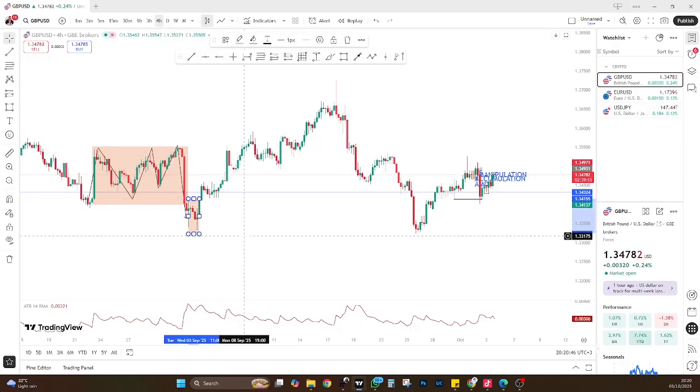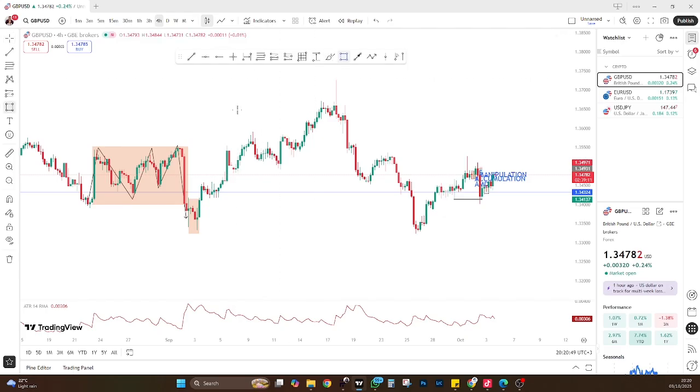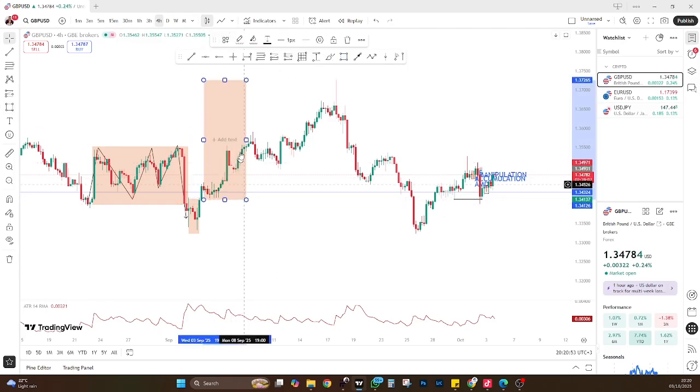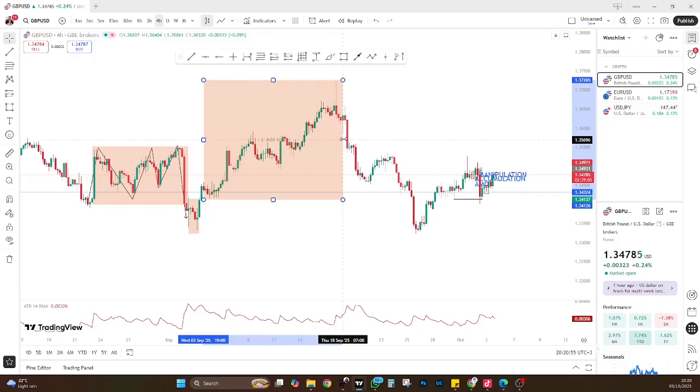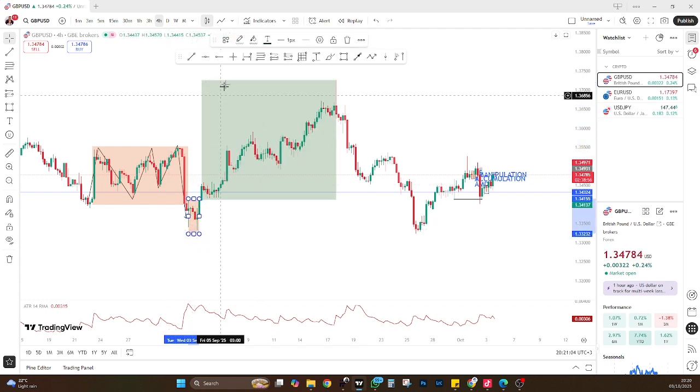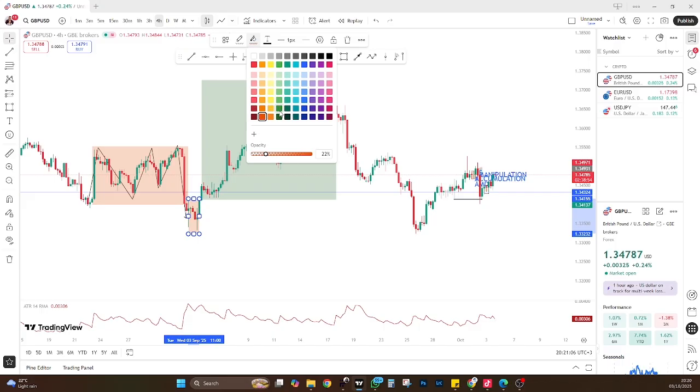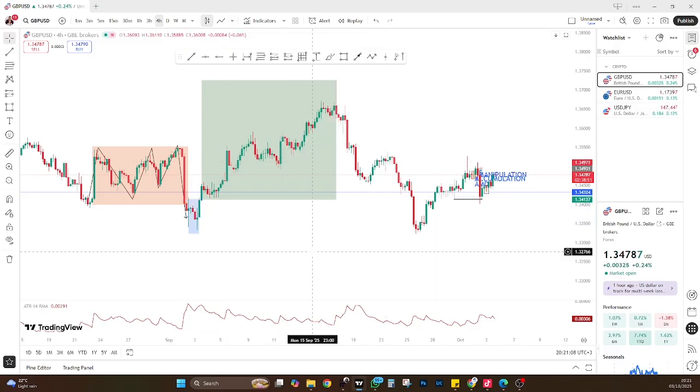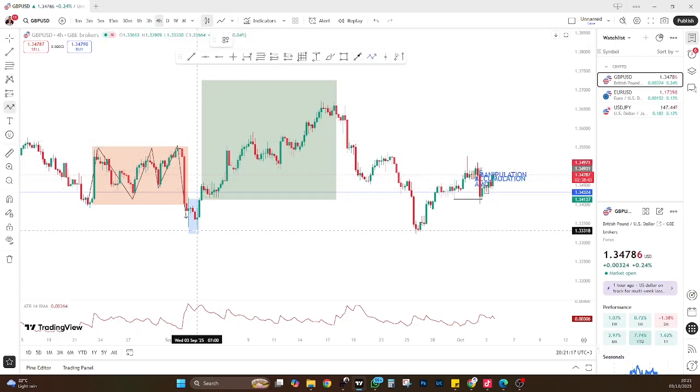This is what we call manipulation. This is what we call distribution. It is the same thing we've learned, but now we are looking at it in a different way. These things work like crazy, and it will happen every single day. So this is accumulation or sideways market, and then this is an uptrend.